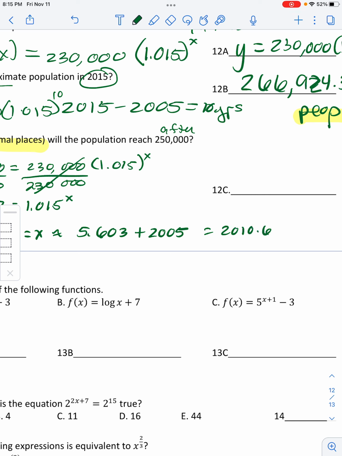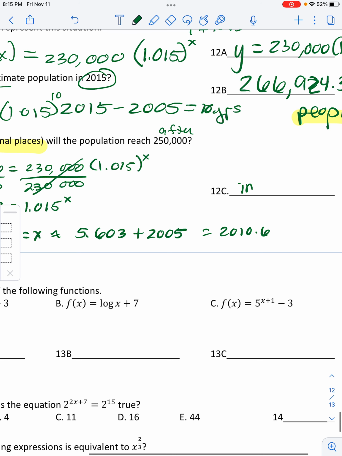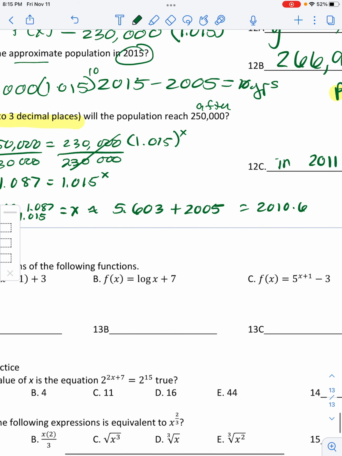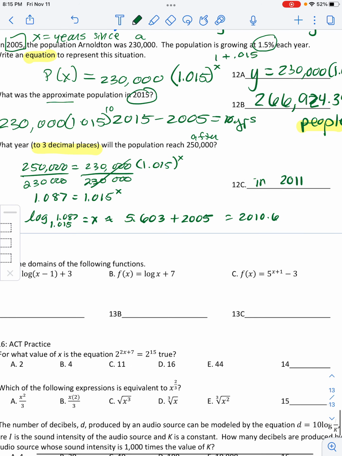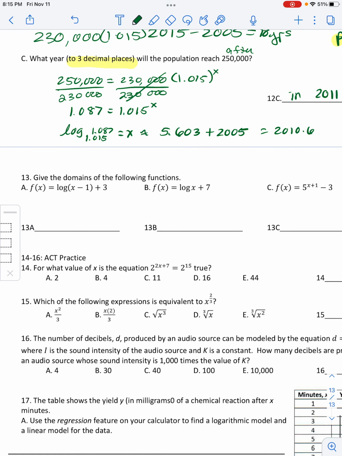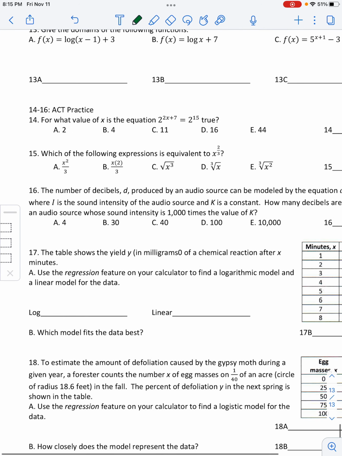That means it happens a little bit after 2010, so I guess I would write something like in 2011. But that is why having your work shown helps a ton, because if you write something weird for the year, I can see all of your work and see that you knew what you were doing right up to that point.